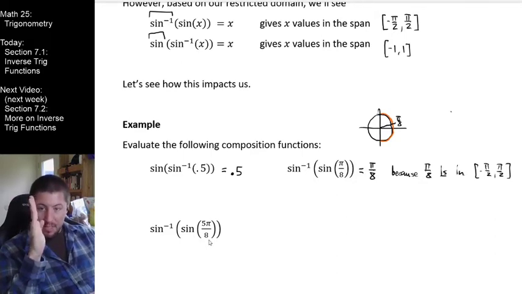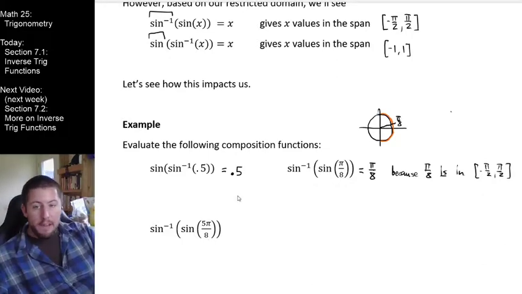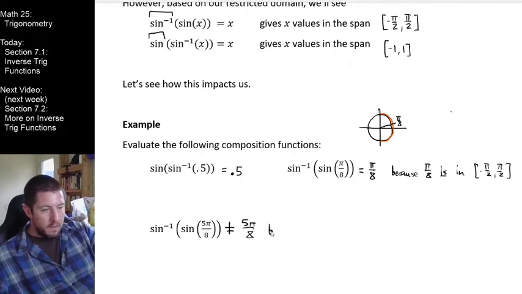That's vertical. This is 5 pi eighths. That is not in our legal span of outputs from the sine inverse function. So very, very importantly here, this is not equal to 5 pi eighths, because 5 pi eighths is not in the interval negative pi halves to pi halves.